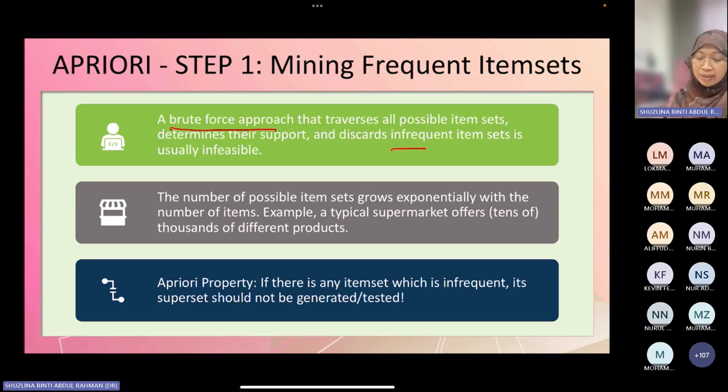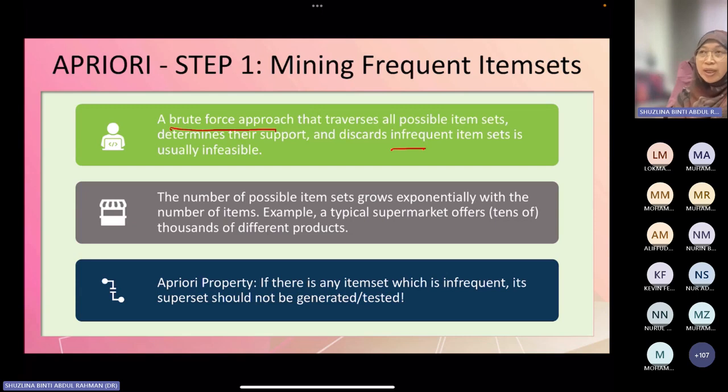Doing this will create a very huge number of rules, where the item sets will grow exponentially if we look at all the single items and combinations of items. You can imagine when we involve transactions in supermarkets where we have thousands of different products, the sets that we generate will grow exponentially.